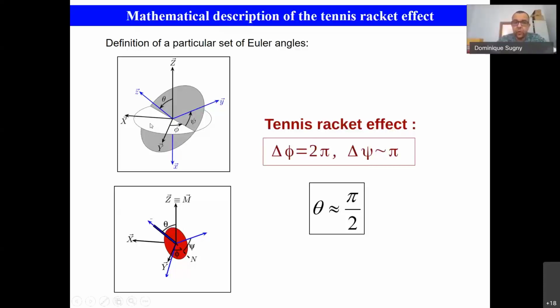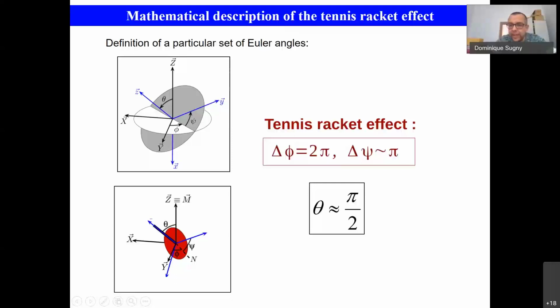I just recall the definition of the Euler angles we choose to describe the rotation of the rigid body. In this picture I also plot the position of a tennis racket, and we see, for instance, that the theta angle describes, with respect to the capital Z axis, the position of the handle of a racket.